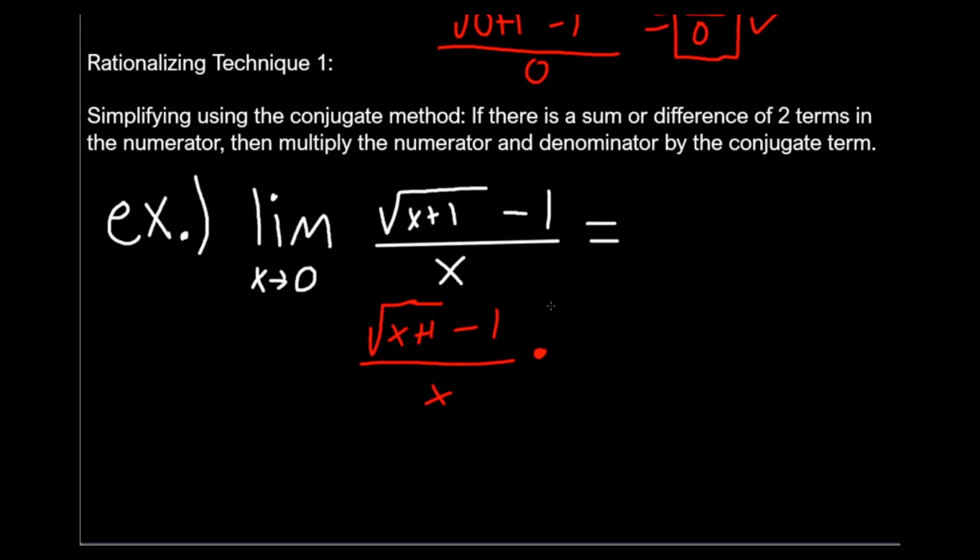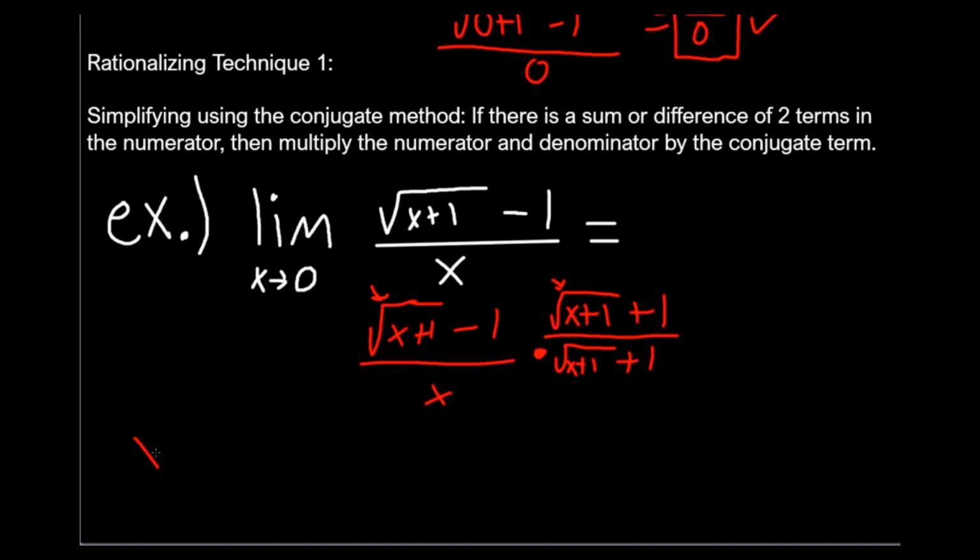The conjugate of the square root of x plus 1, minus 1 would be the square root of x plus 1, plus 1, over the same thing: square root of x plus 1, plus 1. Now, this square root times this one will just cancel it out. It's pretty easy when you know that.